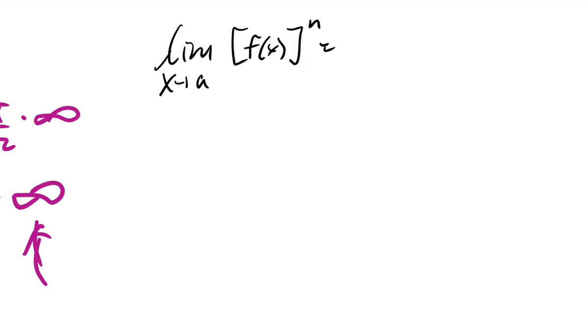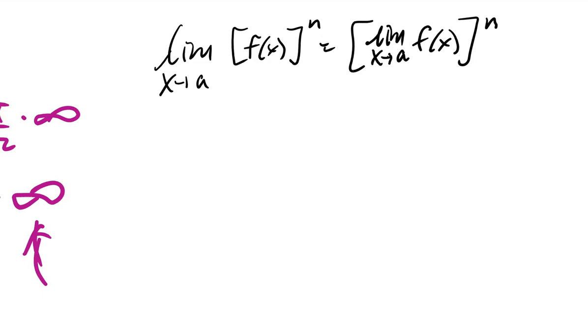What we did was, here's the limit as x goes to a of f of x to the n power is equal to the limit as x goes to a of the function, and then you raise it to the n power.